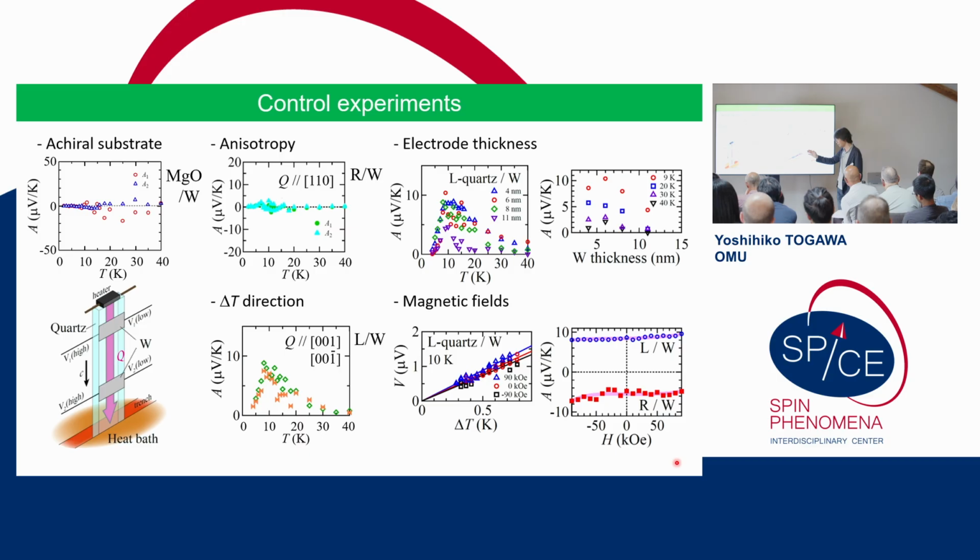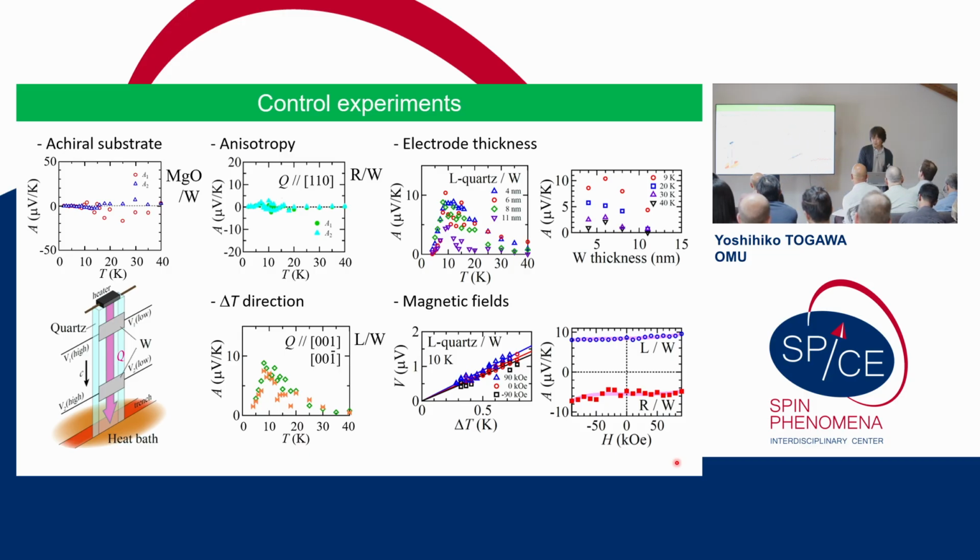I'm not sure how large it is, but yesterday Professor Li showed us and argued the possibility of the thermal Hall effect in quartz. Maybe this data is somehow related. It corresponds to the planar thermal Hall effect.